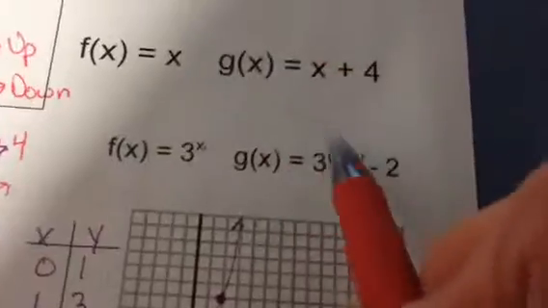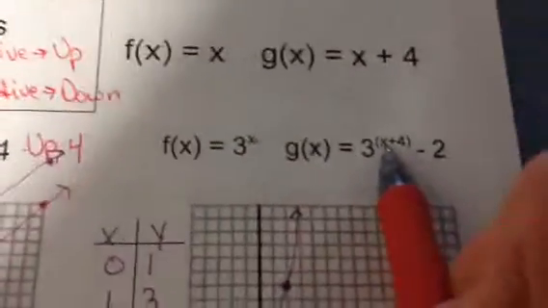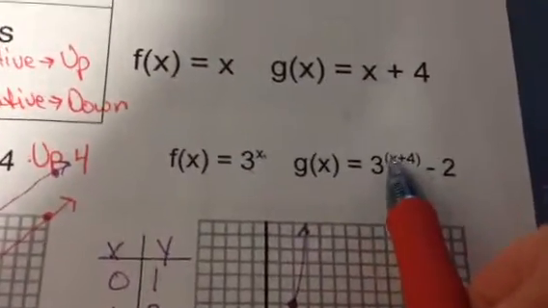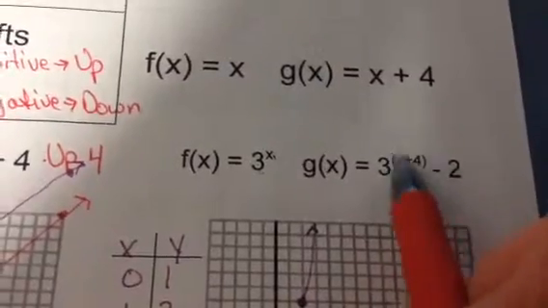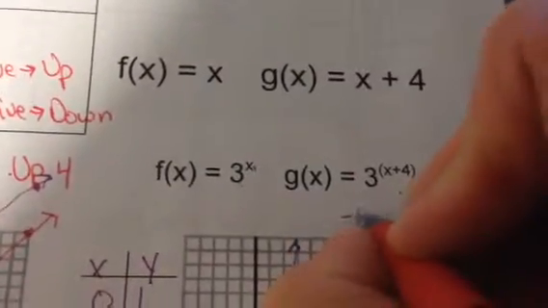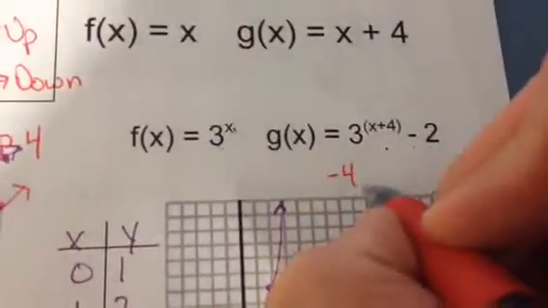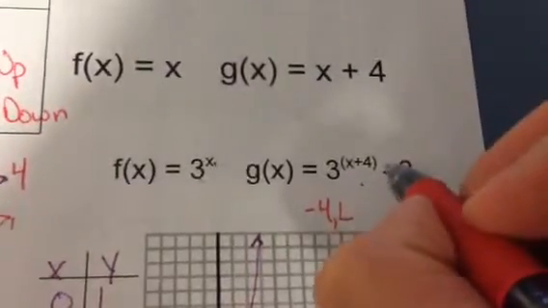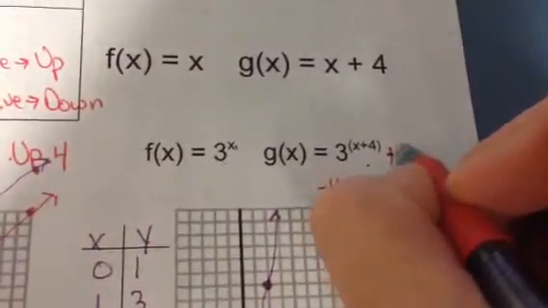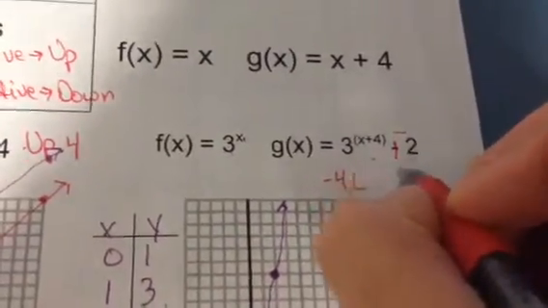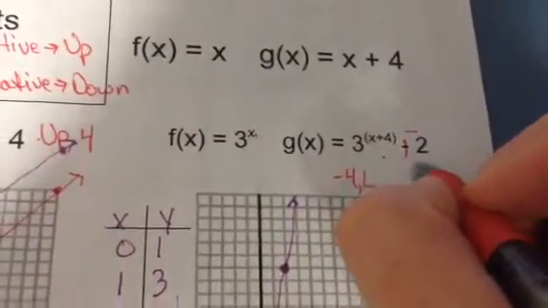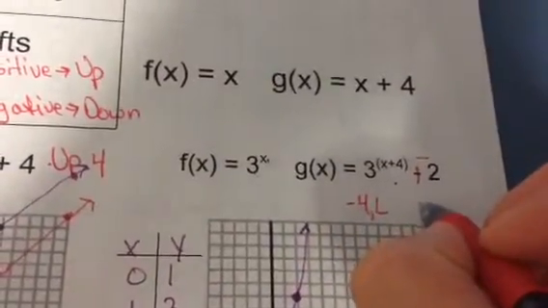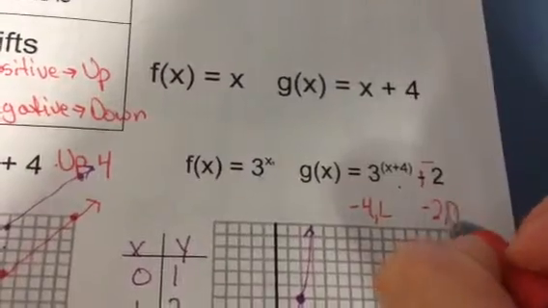So what I'm going to do is take this, and I'm going to ask myself what makes it 0. Well, negative 4 in for x would make this parentheses worth 0. So negative 4. And since it's negative, it's going to go left. So I'm just going to put an L for left. And then the minus 2. Again, what I want to do is add the opposite. And I want to look at this as a negative 2. And this is not contained. This is free. So that means with negative 2, it's going to go down.